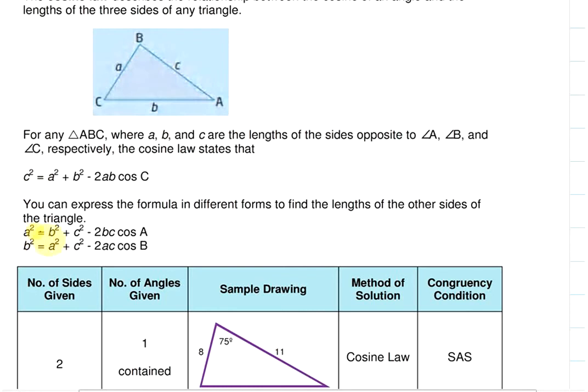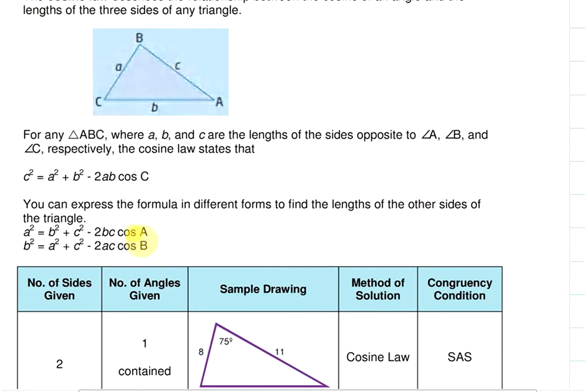If I'm looking for a squared, then I would go b squared plus c squared, the other two sides squared, minus 2 times b times c, cos of A. And A is the angle opposite the side that I'm looking for. And then if I wanted b squared, I would go a squared plus c squared minus 2ac cos B. So the two sides squared that are not b, minus 2 times a times c, and then cos of B.